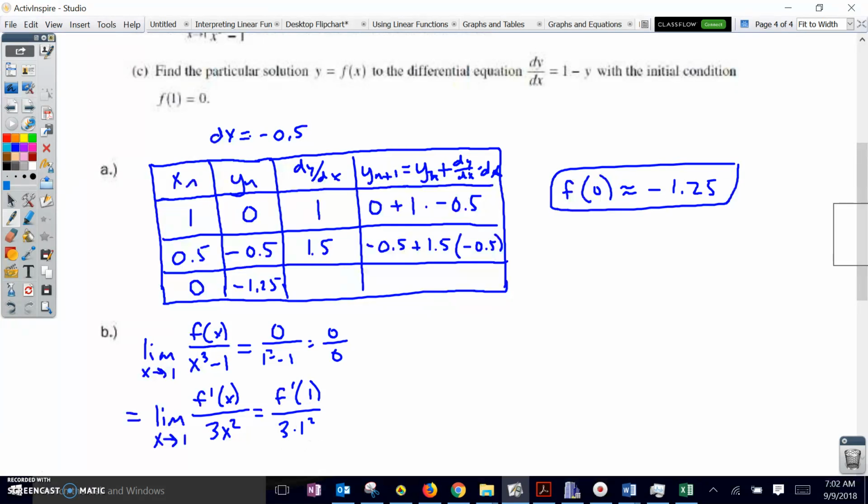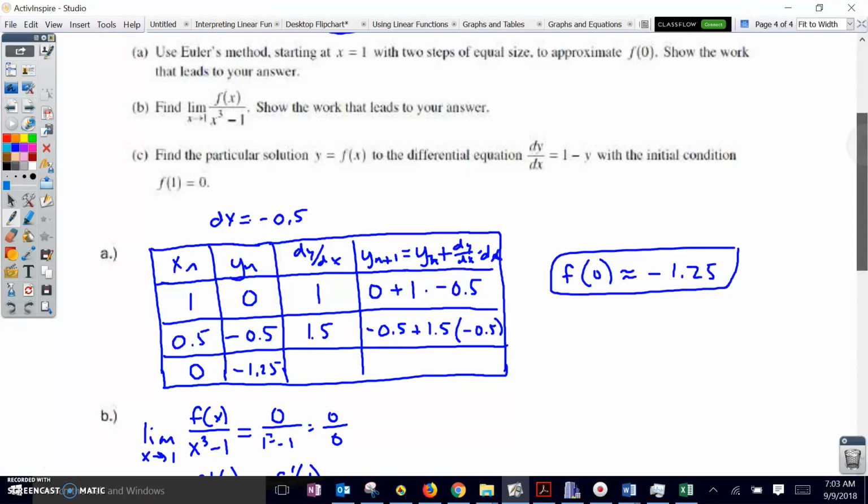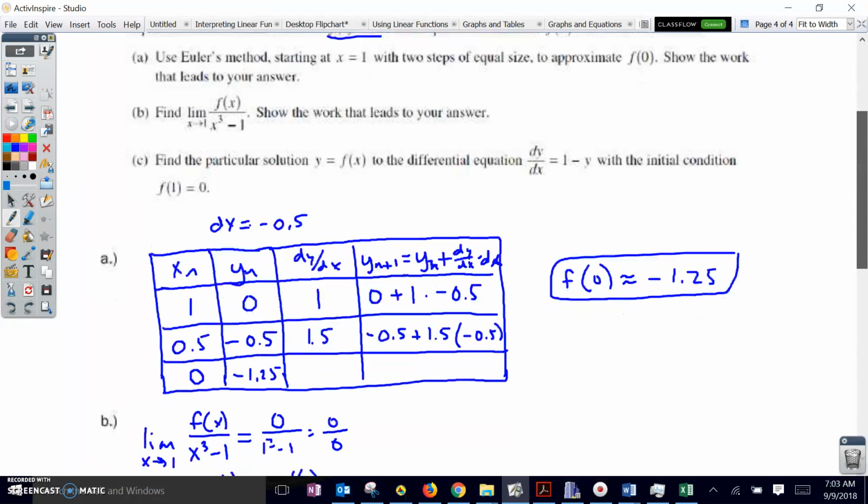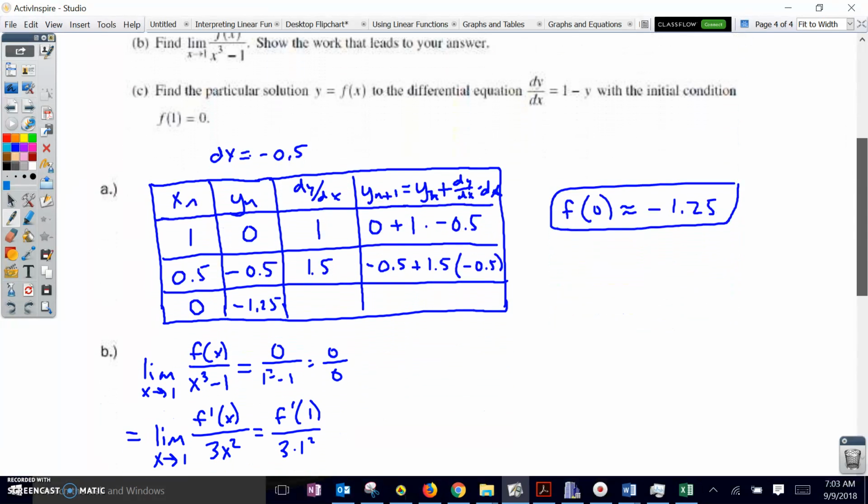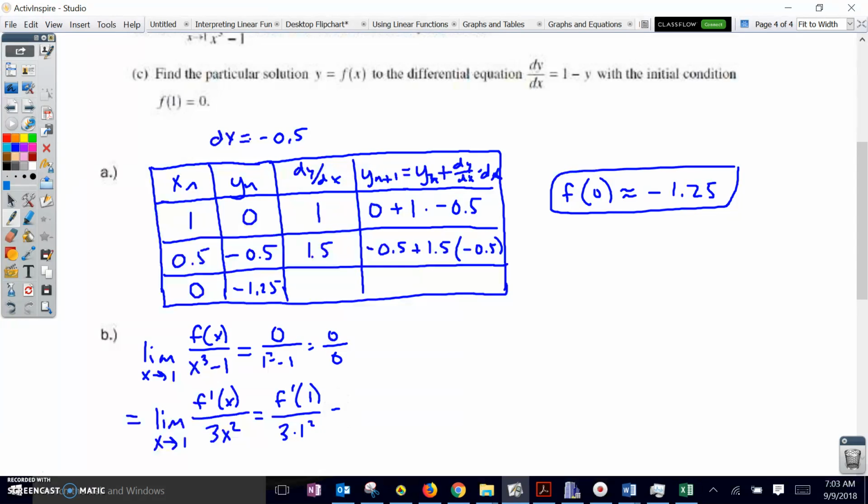F prime of 1 is the value of dy/dx when x is 1, and when x is 1, y is 0, and so dy/dx is going to be equal to 1 minus 0 over 3, or 1/3.